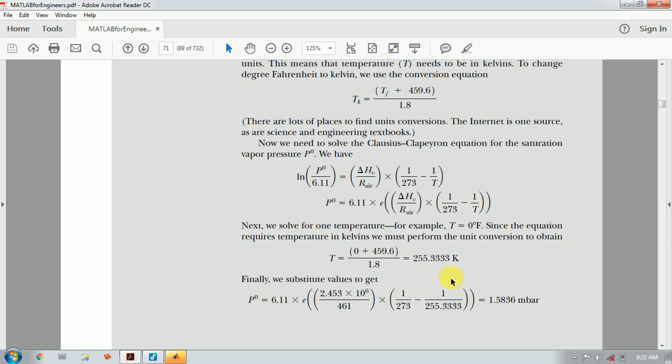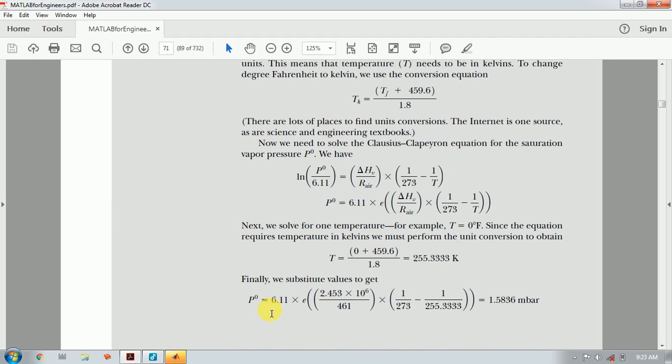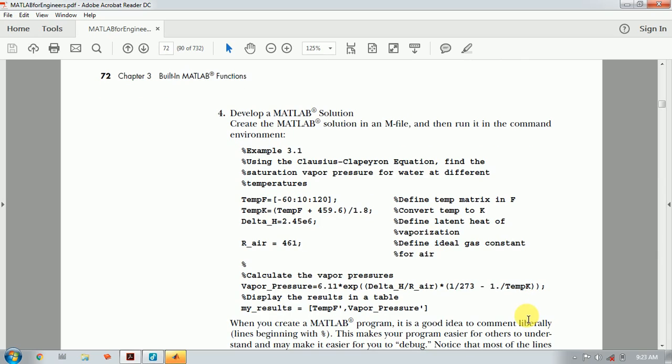Finally, we substitute the values to get e equal to 1.5836 millibar.